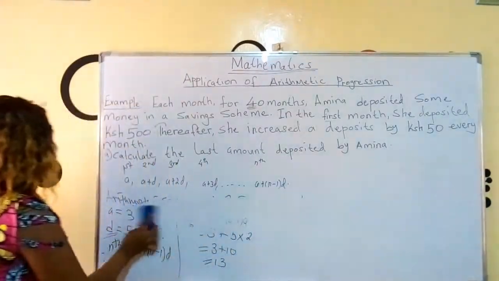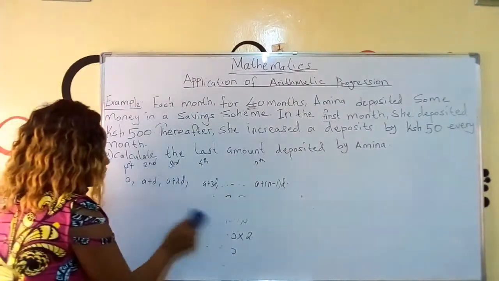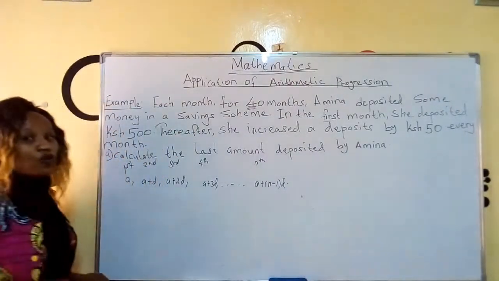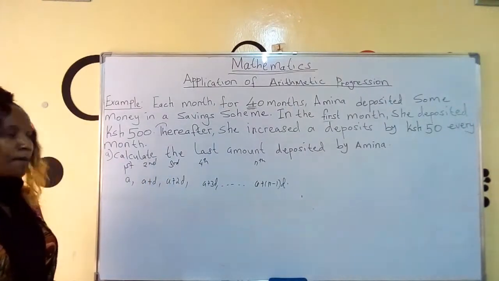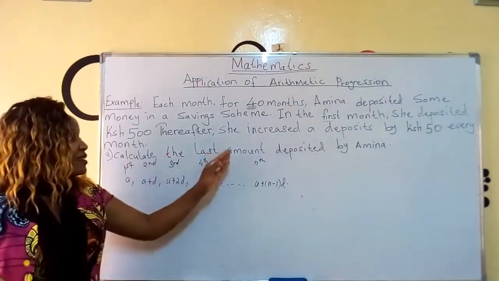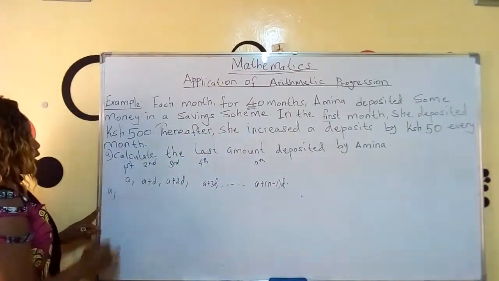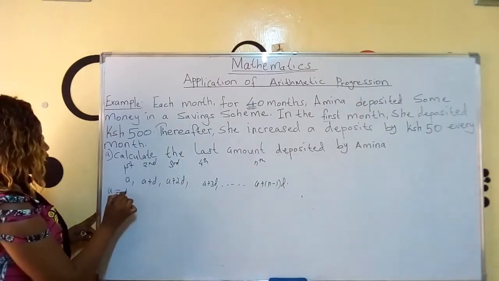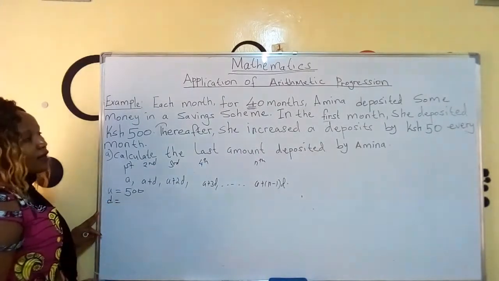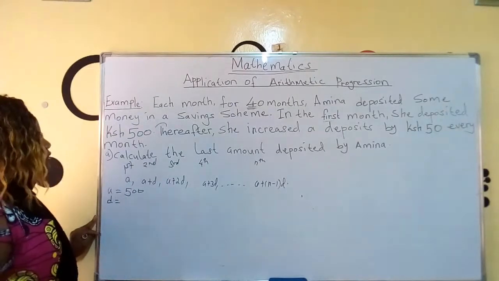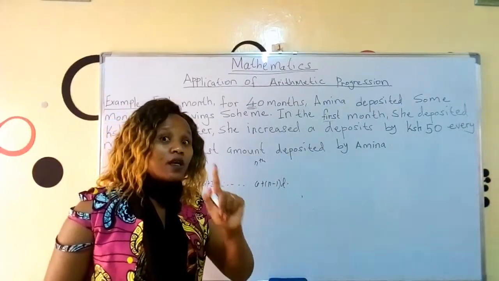Now, having said that, guys, let us focus on the real problem that we have of Amina. We are supposed to calculate the last amount deposited by Amina. And we know that the first term is 500 shillings, and D, the common difference, because we are told that thereafter she increased her deposit by 50 shillings.